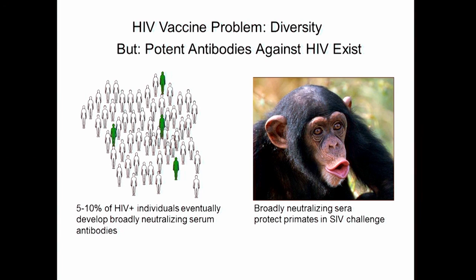We know that about 5 to 10% of HIV positive individuals eventually mount such a response. And not only that, but we also know from transfer experiments in the 90s that if you take those sera and transfer them over to macaques, these antibodies can be protective.